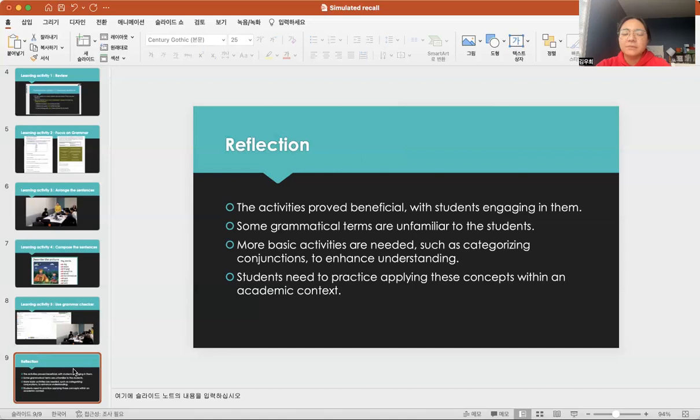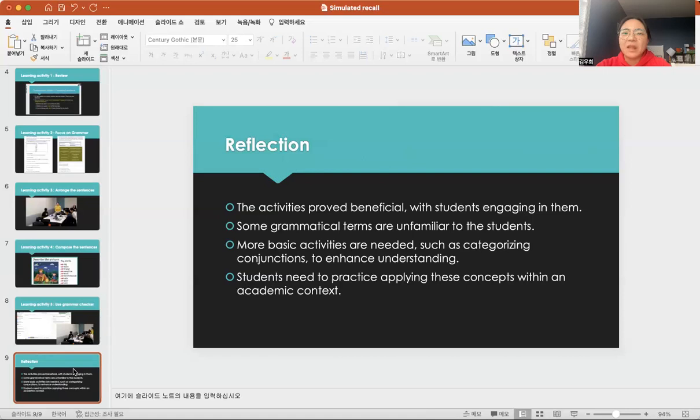For the next class, I may prepare more basic activities, such as filling in the blank with appropriate conjunctions, so that I can check whether students have a clear understanding of the meaning and usage of conjunctions.